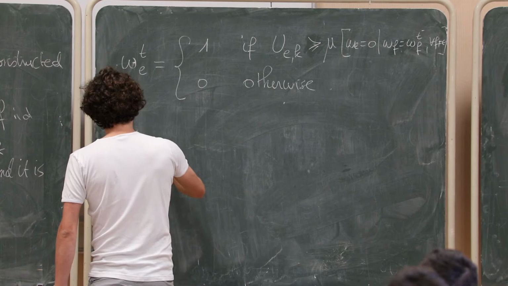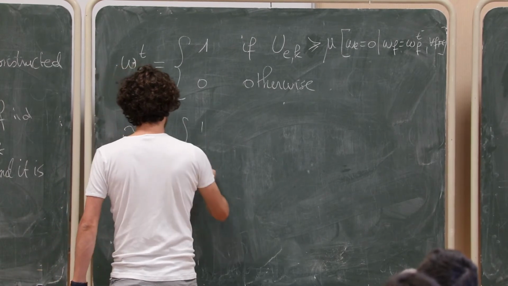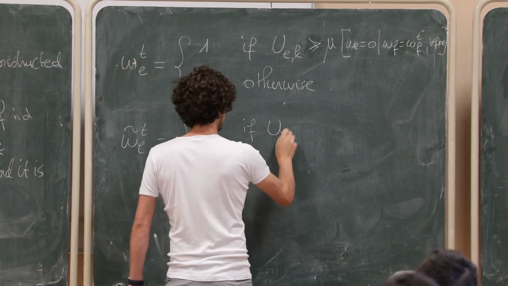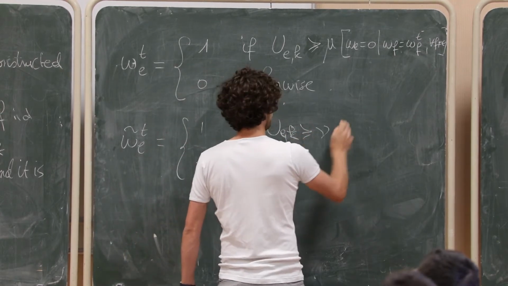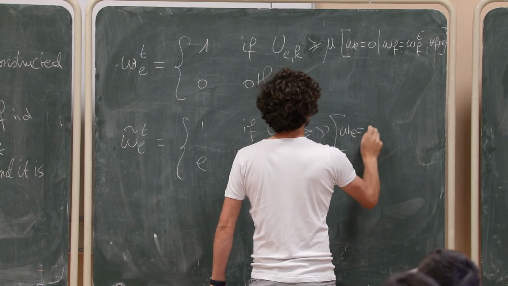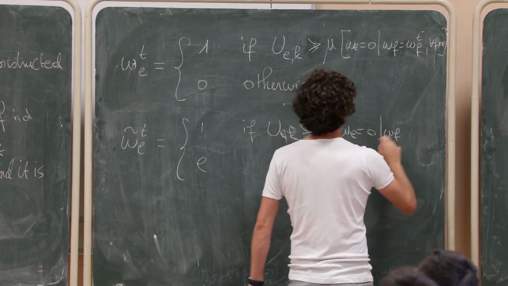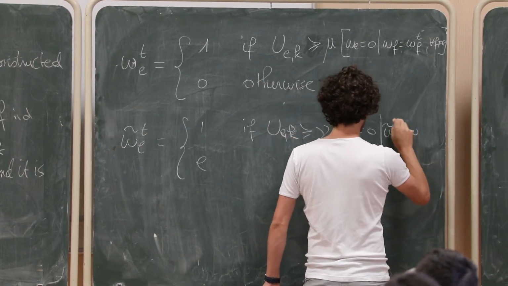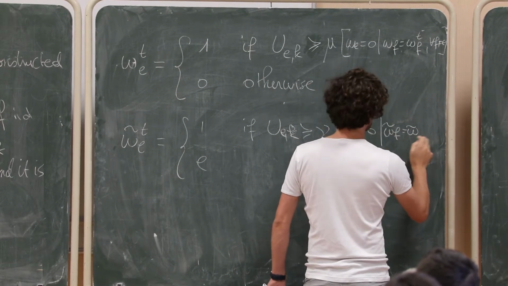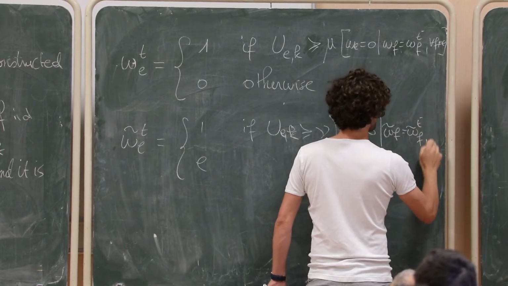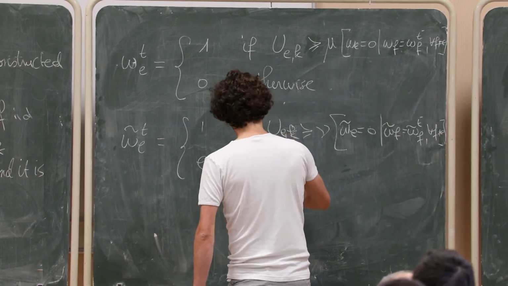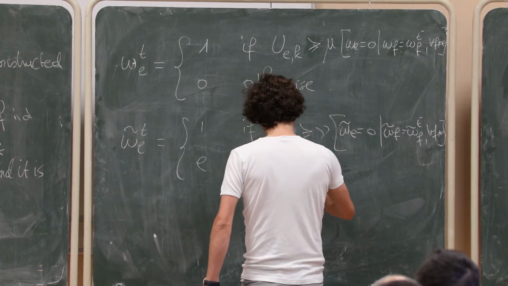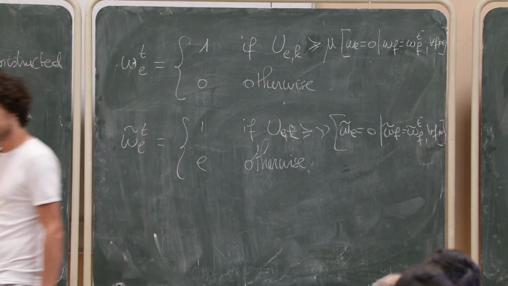And omega tilde E at time t is the same thing with the same uniform random variable, but with nu instead of mu.